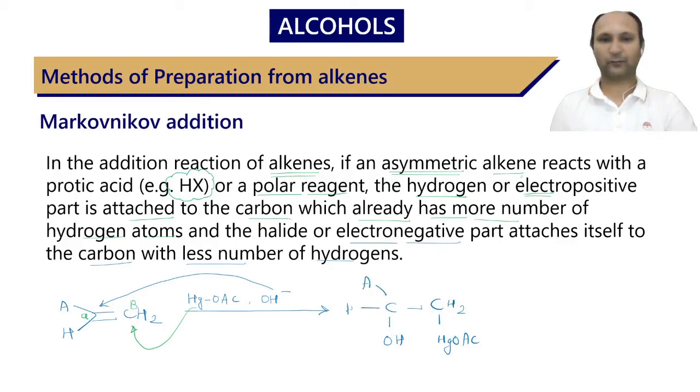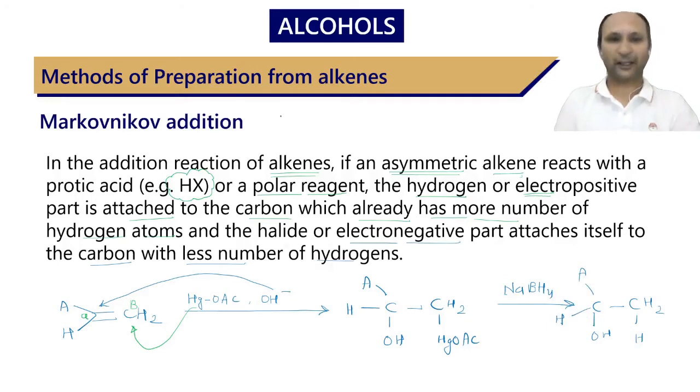The rest of the molecule will be as is, and we have reacted this with sodium borohydride in order to give us our final alcohol. Okay, so this is A and this is H. Now this Markovnikov addition is exhibited in the reactions of type electrophilic addition reactions.